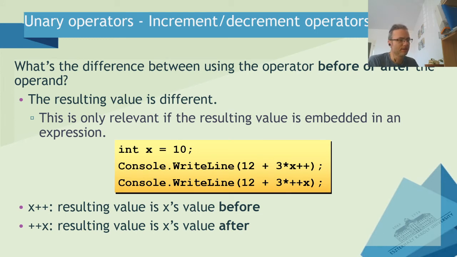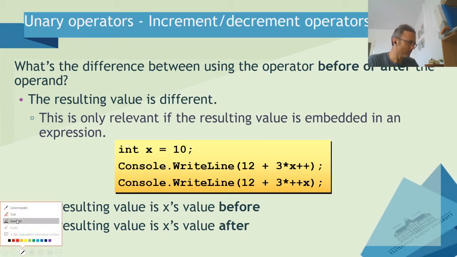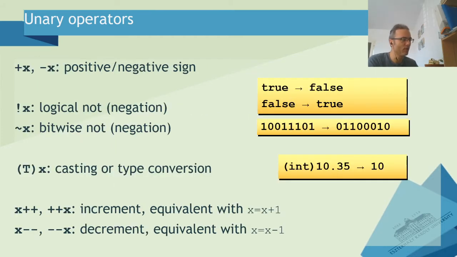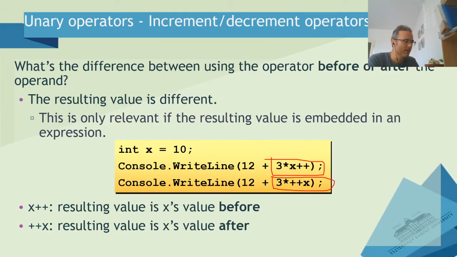So in the first case, we multiply x by 3, and only after that we increment it, and this gives a completely different result compared to the other use case. Of course, the same holds for --. Any question about this, guys?